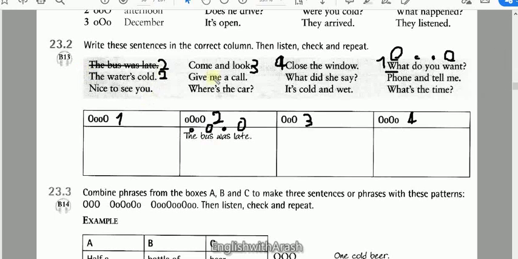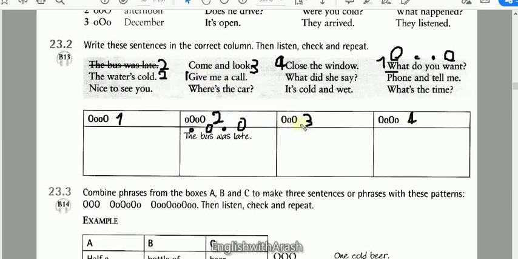I'm not going to read this one. Can you tell me? What if I don't read it? Is it 1? Is it 2? Is it 3? Is it 4? How do natives say this? Like this, or do they say "give me a call"? Surely not the first way. Give me a call. Elements says 3, Layla says 4, Heli says 4. Between 3 and 4 you shouldn't doubt, because you can easily count the syllables: give, me, a, call. So it's definitely not 3, as 3 means three syllables. Three syllables doesn't work here.